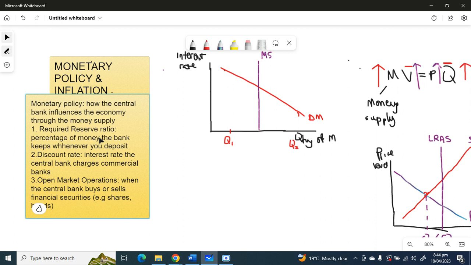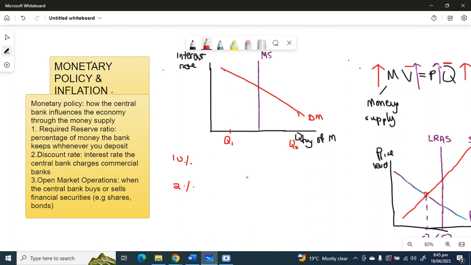For example, I gave an example earlier on, if the required reserve ratio is 10%, you deposit 1,000, the bank keeps 100, the other 900 they can loan out. If they reduce the required reserve ratio to 2% from 10%, when you deposit that 1,000, what is 2% of 1,000? 0.02 times 1,000, what do we get?